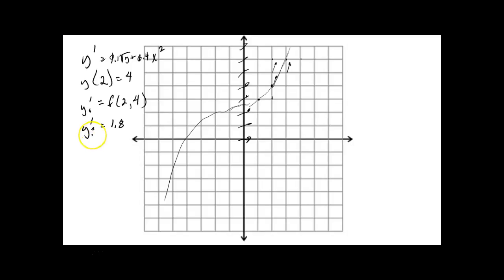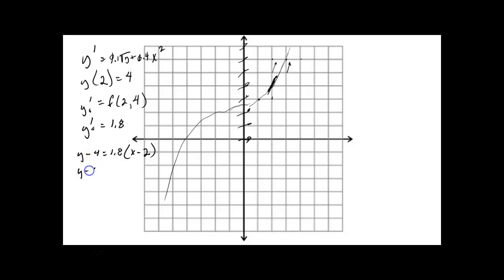So let's give an estimate of the line right here, okay? Slope of 1.8, we know that. So we have y minus 4 is equal to 1.8, that's the slope, times x minus 2, right? Point slope formula, that'll be the equation of your tangent line right there.